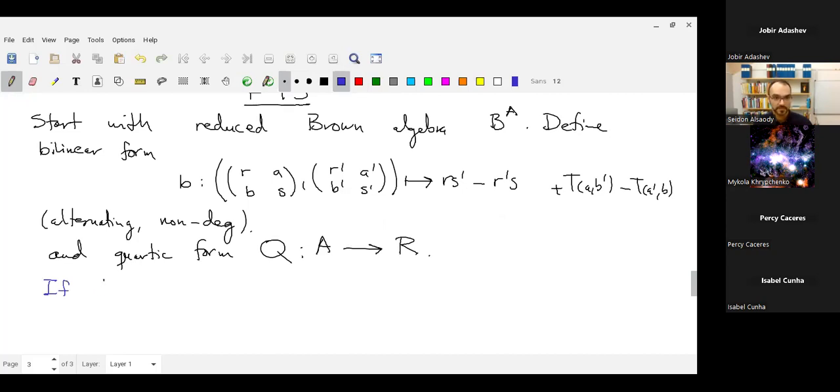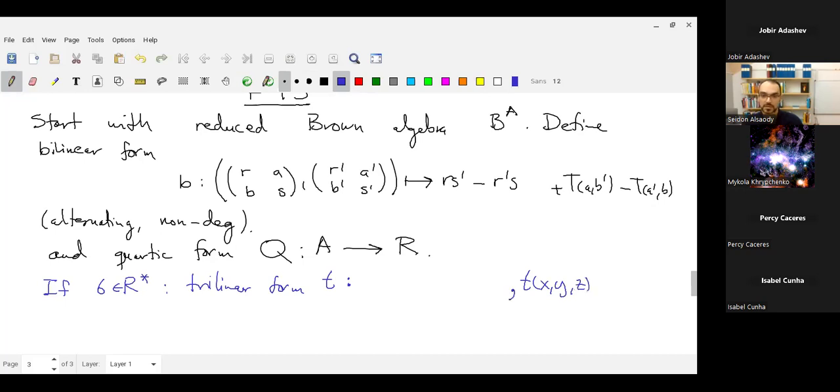So if 6 is invertible, then you can define a trilinear form as follows. And what do I want to call the trilinear form? Maybe T in the following way. So T of X, Y, Z.